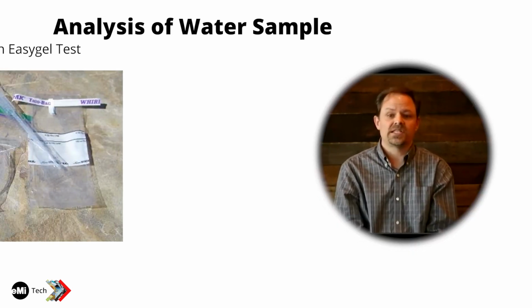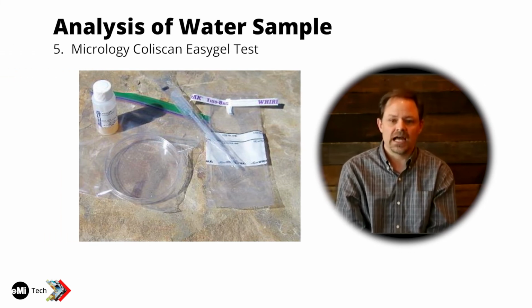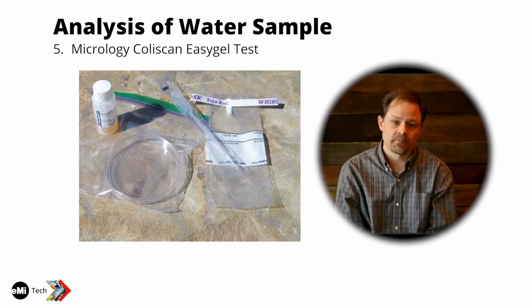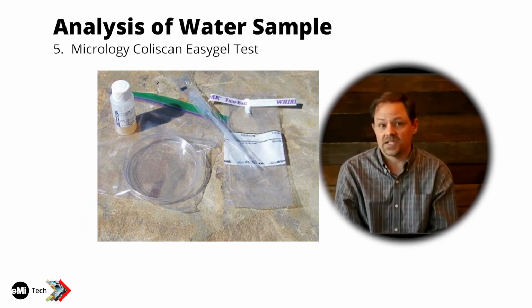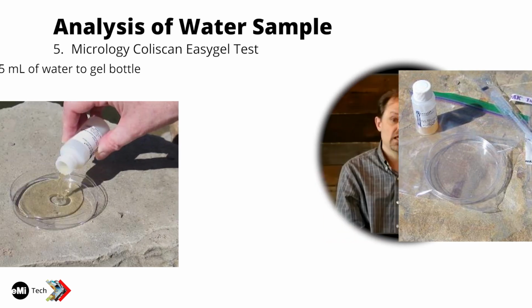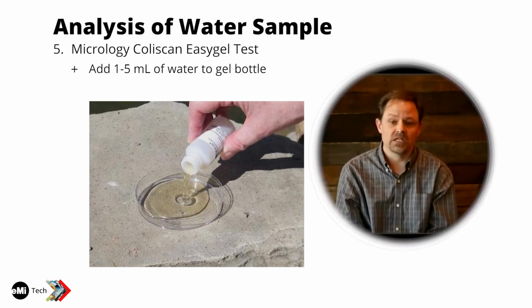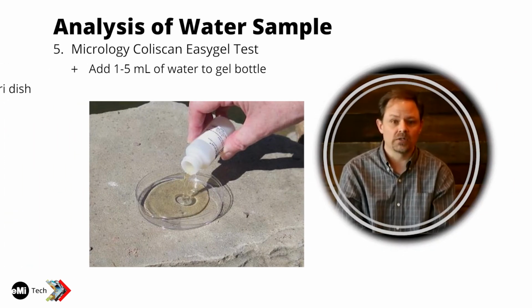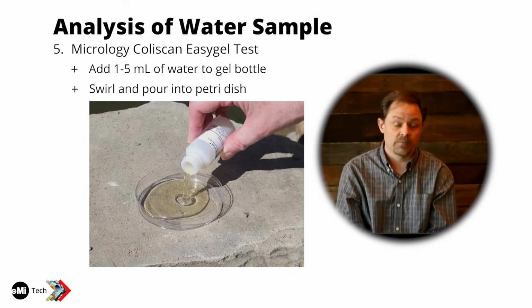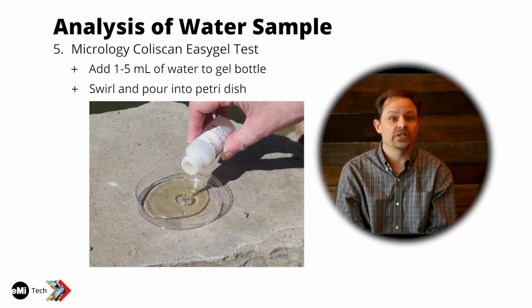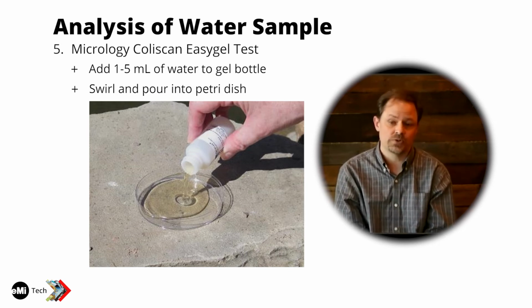The fifth test is from Micrology Labs. It's called the Coliscan Easy Gel test. And this one starts with a little bottle that has a gel in it. And you add 1 to 5 milliliters of water to the gel bottle. You swirl it around to get the gel and the water well mixed. And then you pour the combination of the water and the gel into a pre-treated Petri dish.